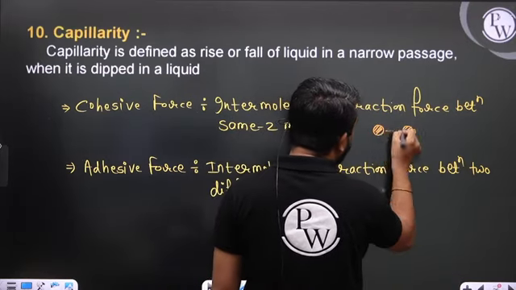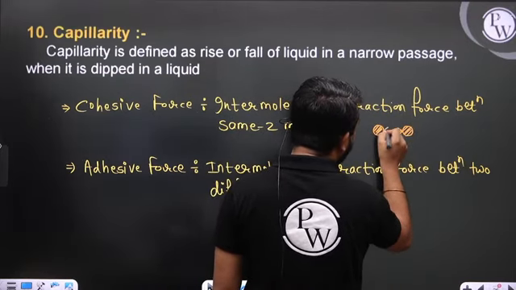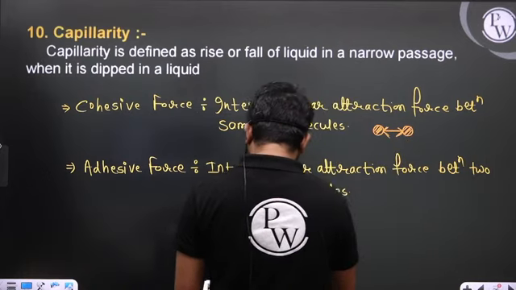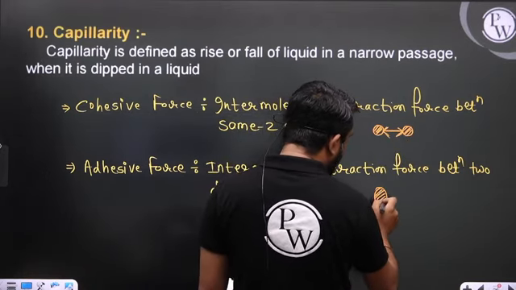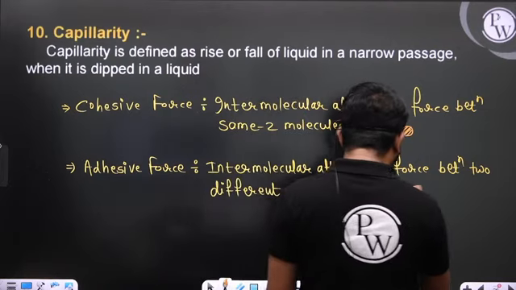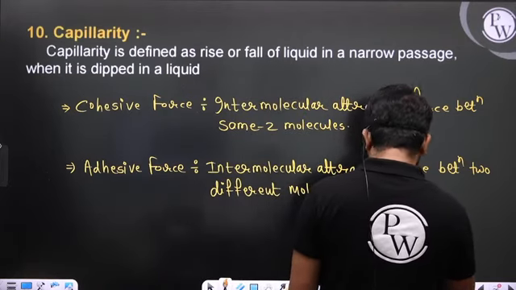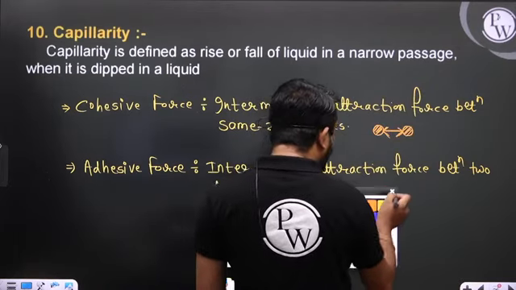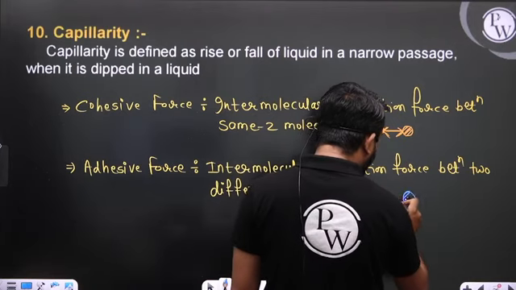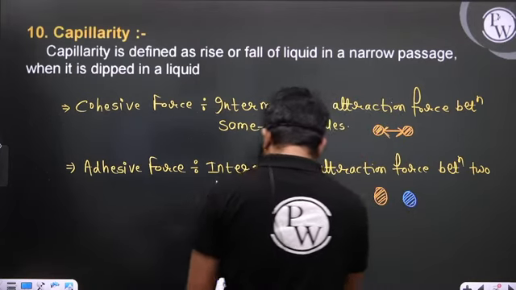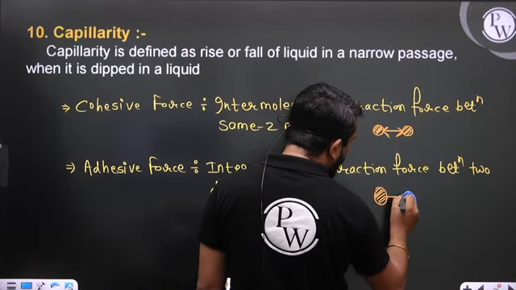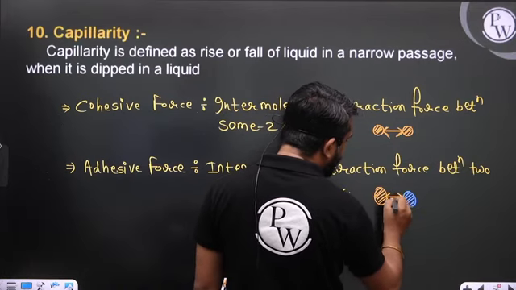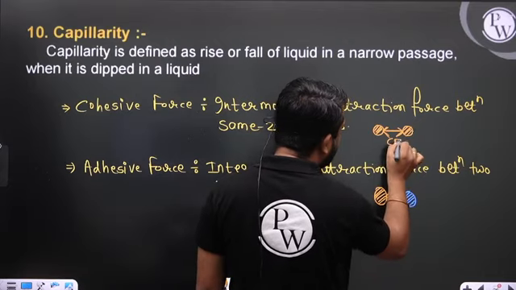The intermolecular attraction force between these two molecules is a cohesive force. Now let us consider there is one molecule and there is another molecule, and both molecules are of two different substances. The intermolecular attraction force between these two molecules is an adhesive force.